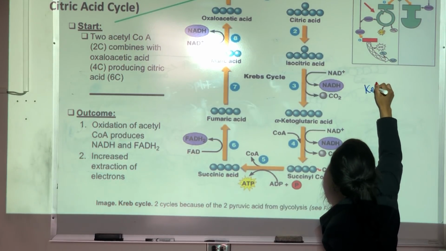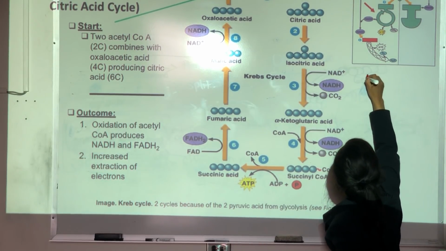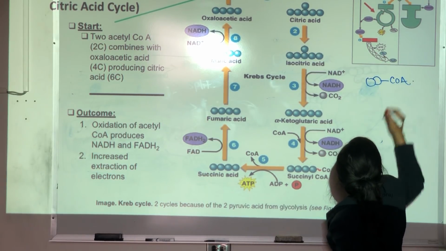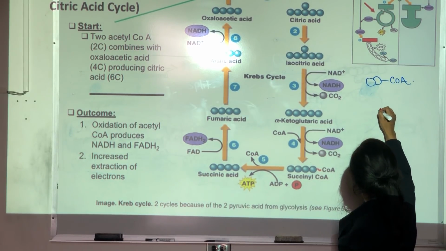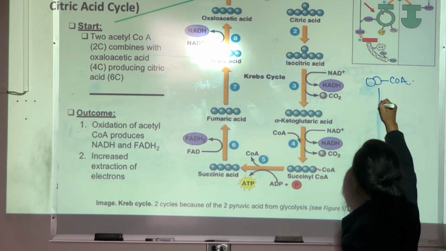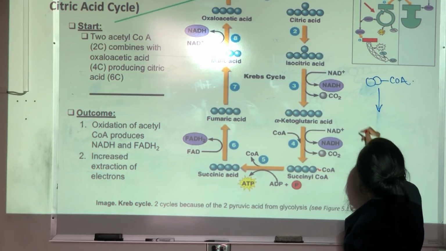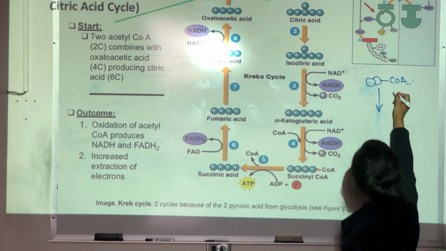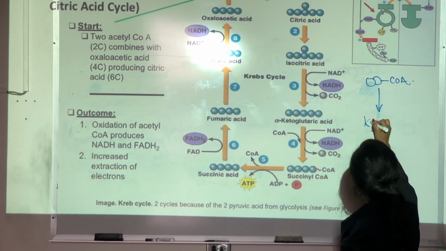So let's start out with acetyl-CoA, 2 carbon, and we will bring this 2 carbon molecule into the Krebs cycle.